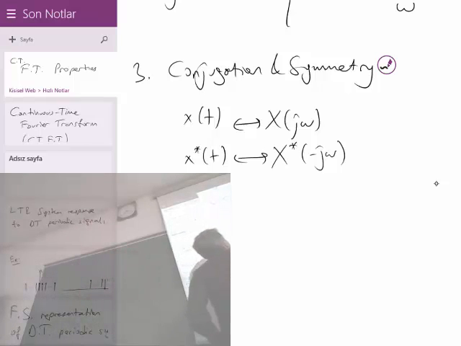These two will be equal for a real signal, isn't it? Because you don't have any imaginary part. For a real signal, by conjugating, you don't change anything. You come up with the same signal. These two are the same for real signals, which means that for the Fourier transform of real signals, these two must be the same.